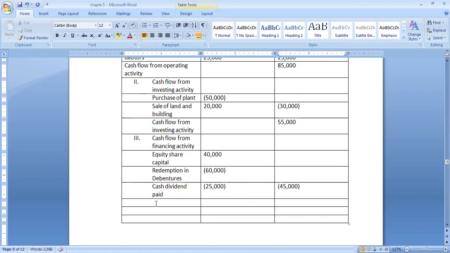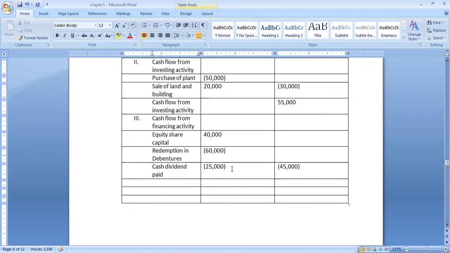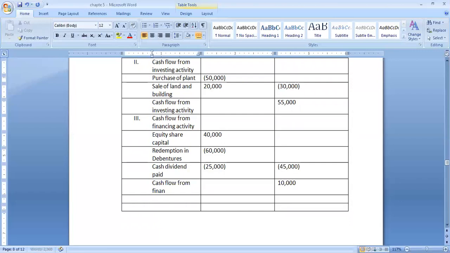Clear? And now to the value, 55 minus 45 will give you 10,000. So this 10,000 is called cash flow from financing activity.